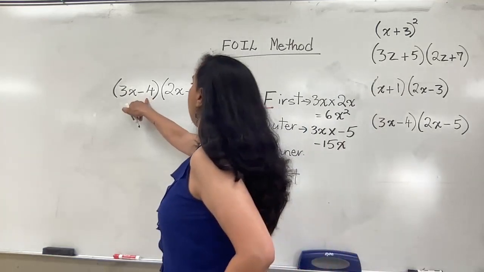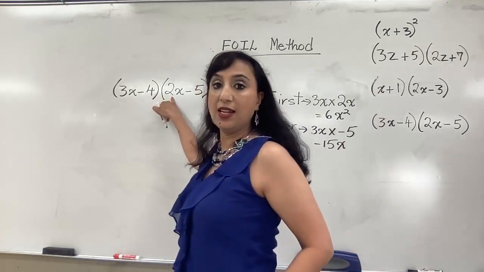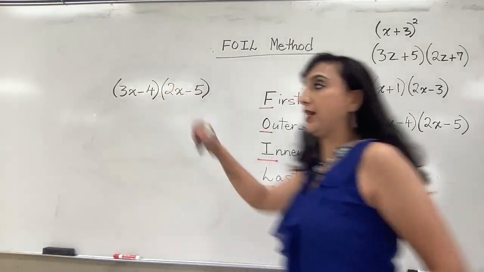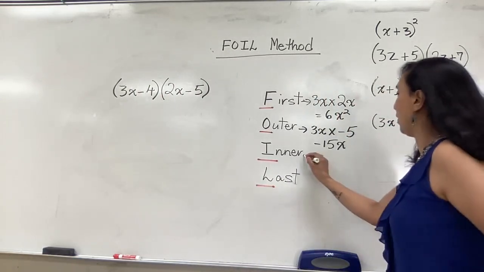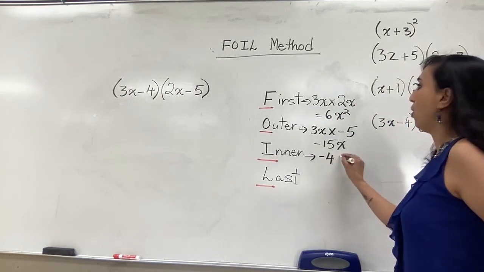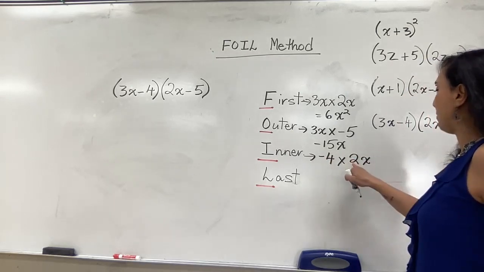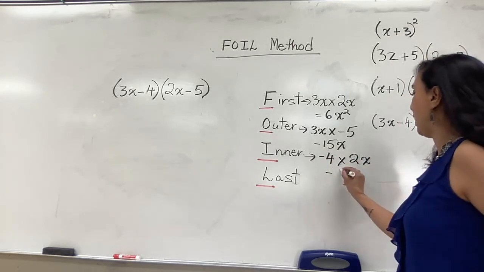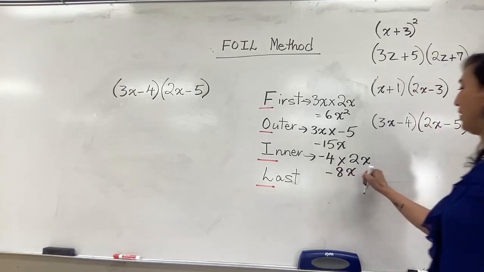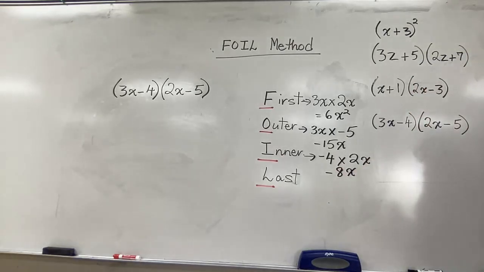And then I am looking at the inner. In inner, I have negative times positive again. So that's going to give me a negative product. Okay. So for inner, I have negative 4 times 2x. Negative 4 times positive 2 gives me negative 8 and then the x. So negative 8x. Okay.